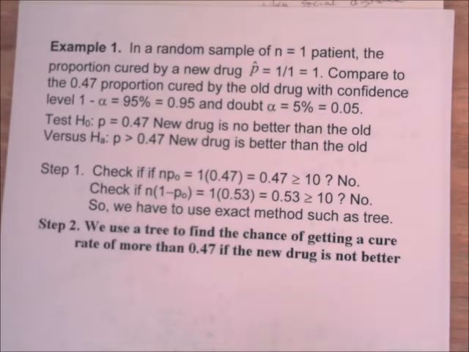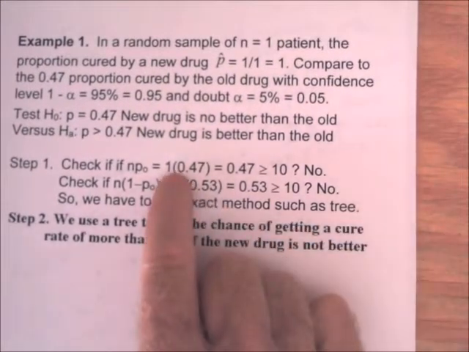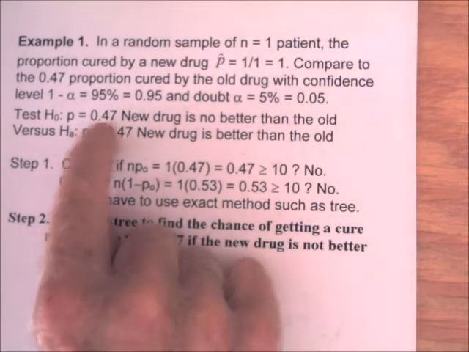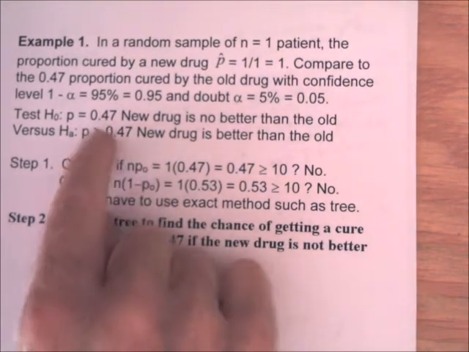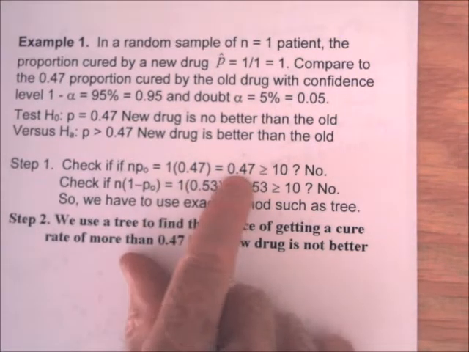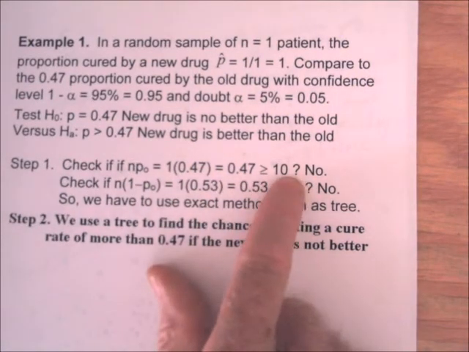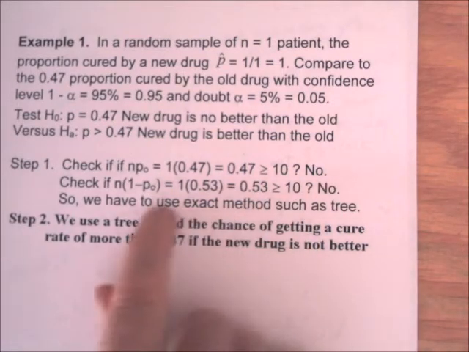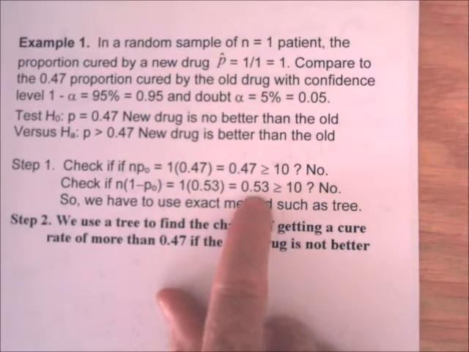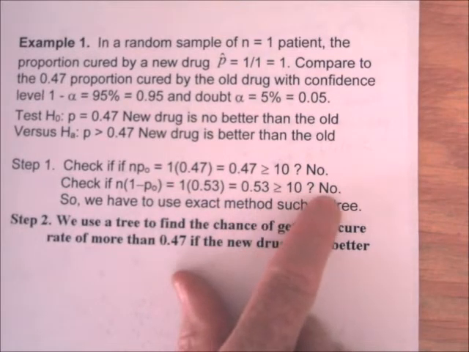So in fact, they're not. n is only 1. Our sample size is 1. p0 is the value of p if H0 is true. That's the cure rate of the old drug. 1 times 0.47 is 0.47, which is not bigger than 10. And 1 minus p0 is 0.53. 1 times 0.53 is 0.53, which is also not bigger than 10.